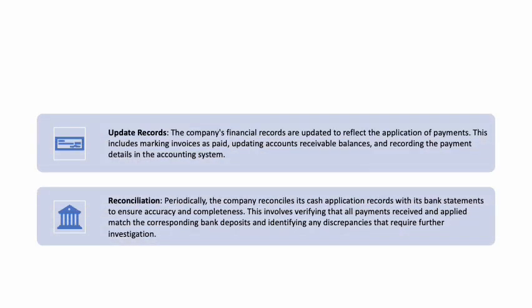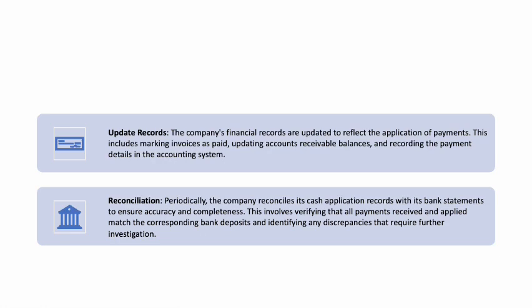Update records. The company's financial records are updated to reflect the application of payments. This includes marking invoices as paid, updating accounts receivable balances, and recording the payment details in the accounting system. Reconciliation.